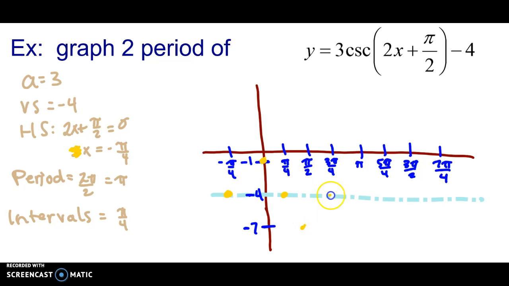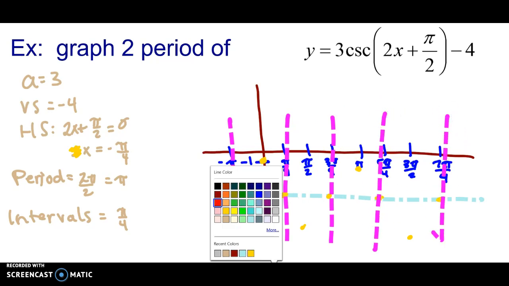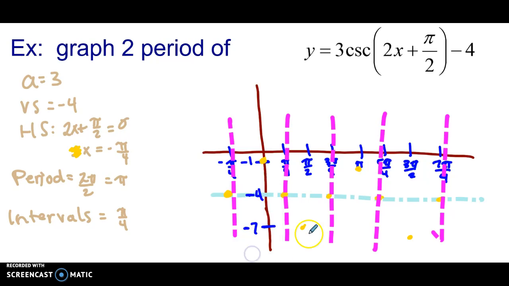And I'm just going to fill in my curve. But anywhere that I had it at -4, remember I'm going to have that vertical asymptote. And last but not least, I'm going to fill in the shape.